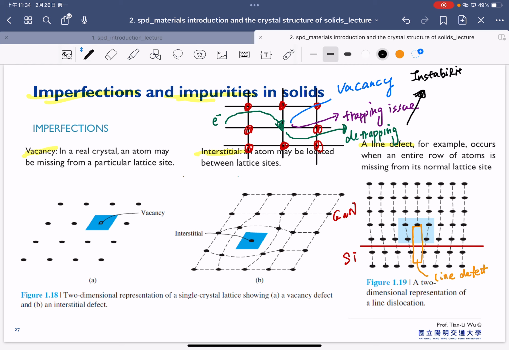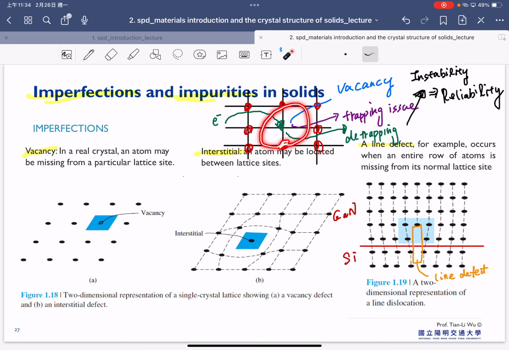And instability actually has the same meaning as reliability. So that becomes the reliability problem. And reliability is something difficult to avoid, because it's very difficult to guarantee that every place is perfect. There is always some imperfection in the semiconductor material.